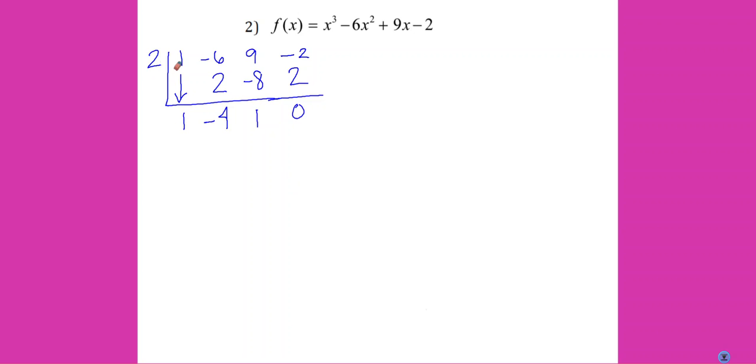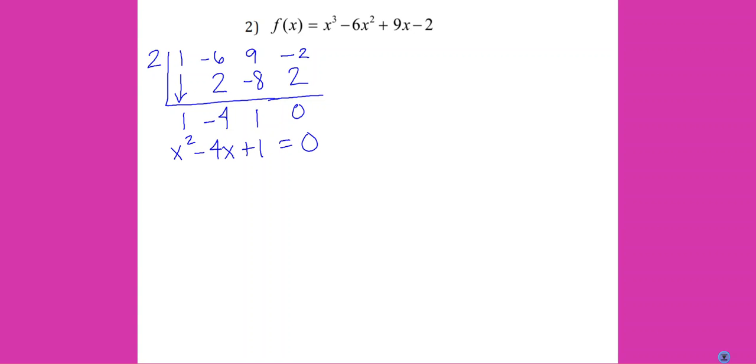Again, we already know that 2 is a 0, so if we had gotten anything other than 0 as our remainder, it would have been a hint that something went wrong in our synthetic division. So this is x squared minus 4x plus 1 equals 0.